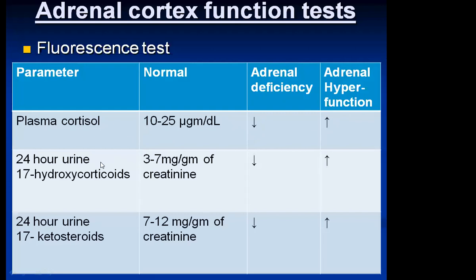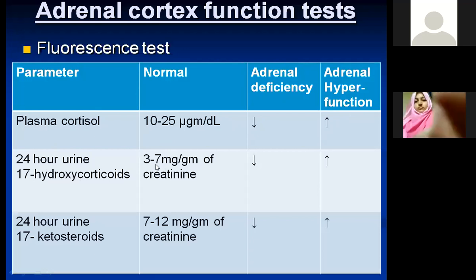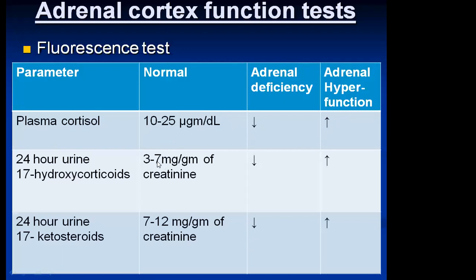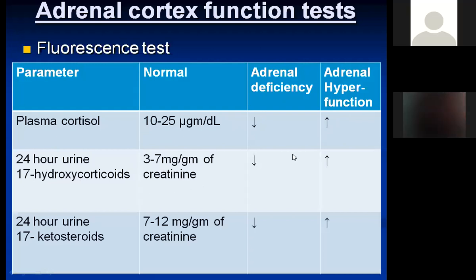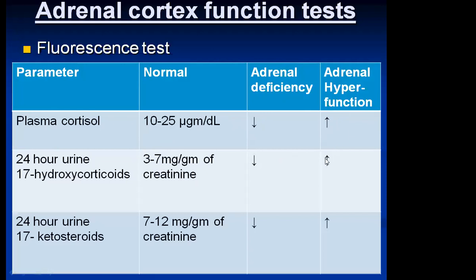The second parameter is 24-hour urine 17 hydroxycorticosteroids. The normal level is 3 to 7 milligrams per gram of creatinine. It will be decreased in adrenal insufficiency, while it will be increased in adrenal hyperfunction. For 24-hour urine 17 ketosteroids, the normal level is 7 to 12 milligrams per gram of creatinine.